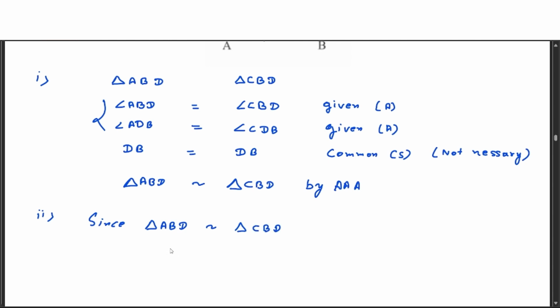if two triangles are similar, their corresponding angles are equal and the corresponding sides are proportional. So we can say AB over BD is equal to BC by BD. Corresponding sides ratio are equal.